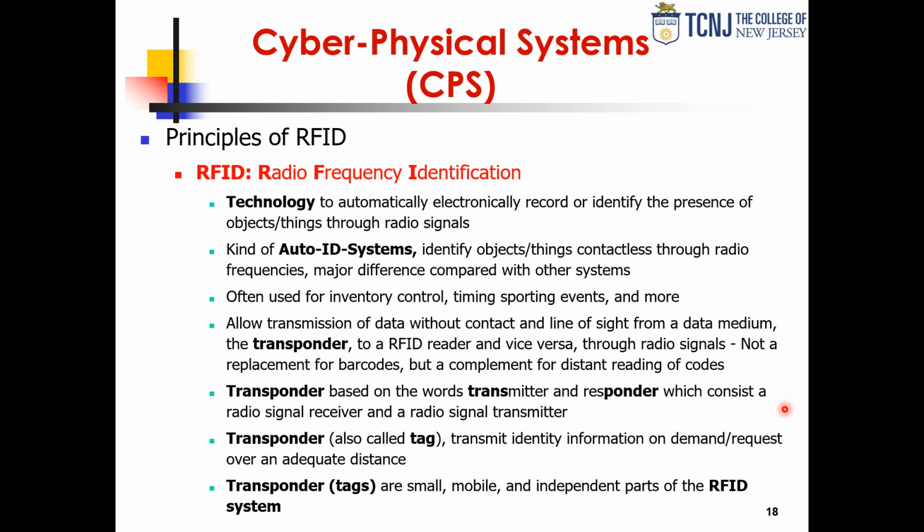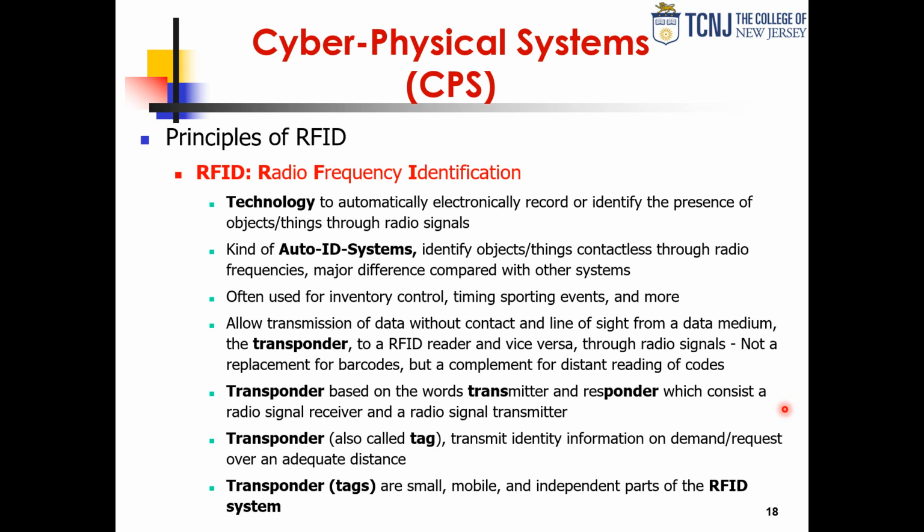So RFID is a technology that allows you to identify something via a tag. So it has this specific part of the overall system, which is a tag. Its main purpose is to identify. So you have a serial number on this RFID tag. And when this tag is queried, it sends its ID.